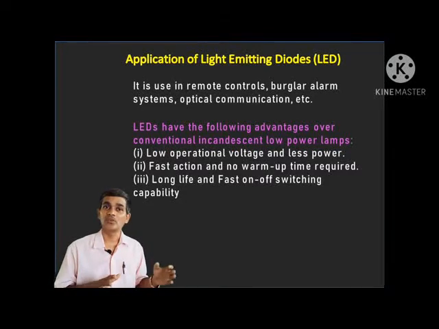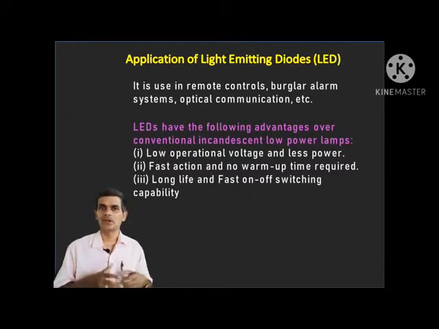It has low operational voltage, less power, and fast action. Quickly it goes on and off, and warm up time is not required. Long life, and it is cheap in cost also. These are the advantages of light emitting diodes.